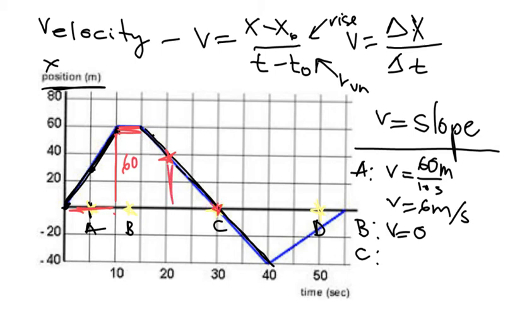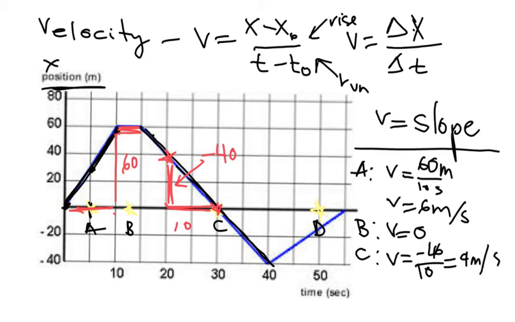Because it's going down, my rise is from 40 to 0, so I have negative 40, and the run is from 20 to 30, which is 10. So what that means is my velocity is negative 40 divided by 10, which is equal to negative 4 meters per second.